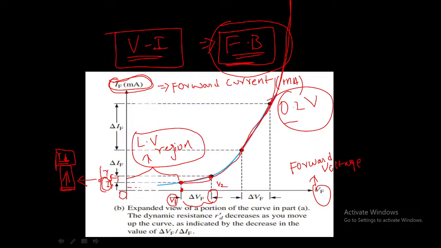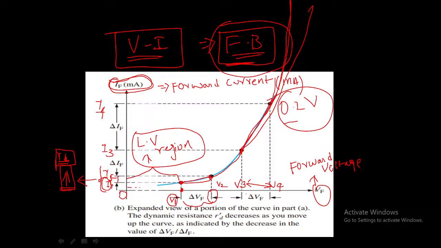But after the threshold voltage, what is happening, from here we can observe the current is increasing rapidly. Let's say this is V3 and this is V4, there is only a small increase in the voltage from V3 to V4. But in the current, the current corresponding to the V3 point, let's say it is I3, and the current corresponding to the point V4 is I4.